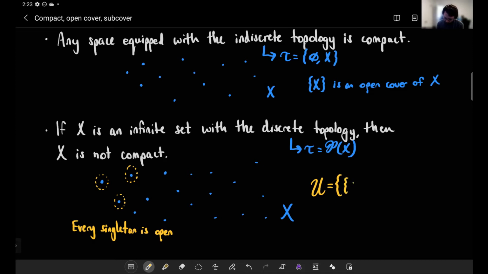Just make it the collection of all singletons {x} such that x is in our space X. So this collection ranges over all possible choices of x, builds a singleton around it, and as it fills out the whole space, guess what? That's an infinite open cover because X has infinitely many points.